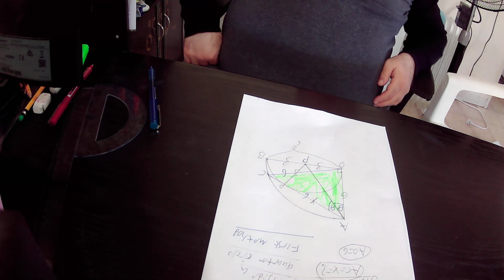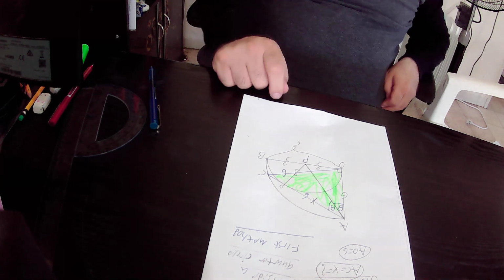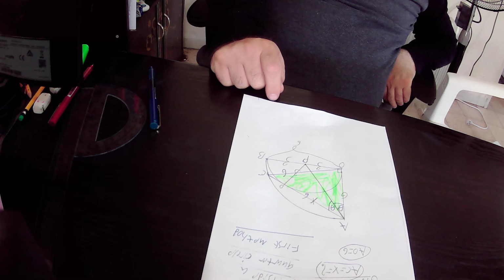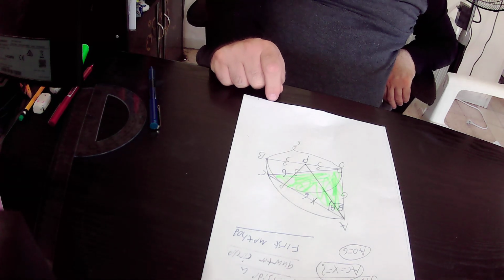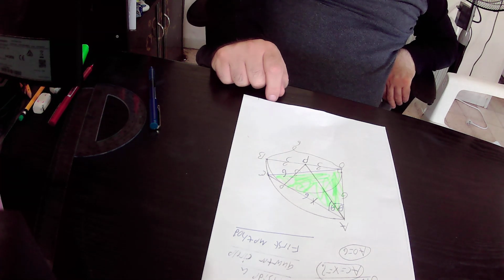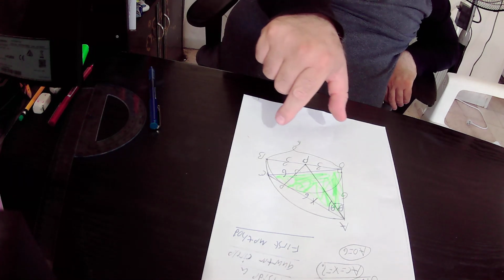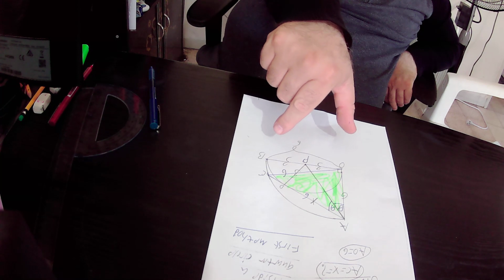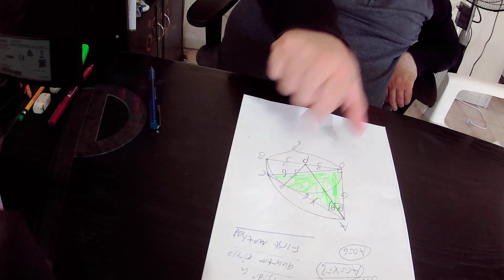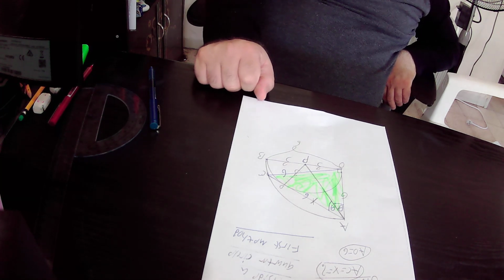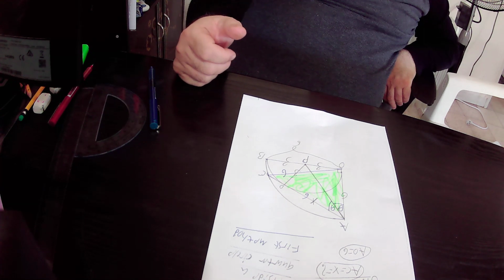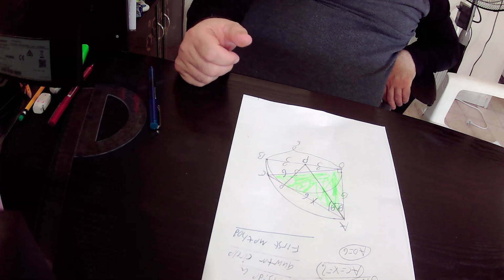But here, OB is the diameter of the semicircle, and the diameter of any circle is twice as large as the radius. We know that the diameter equals 6 units. Therefore, the radius will be half of it, that is 3 units.